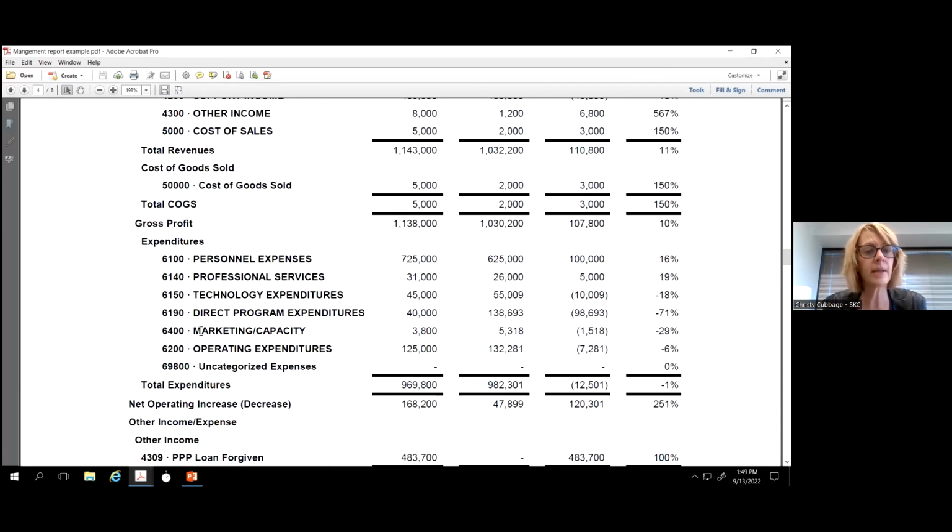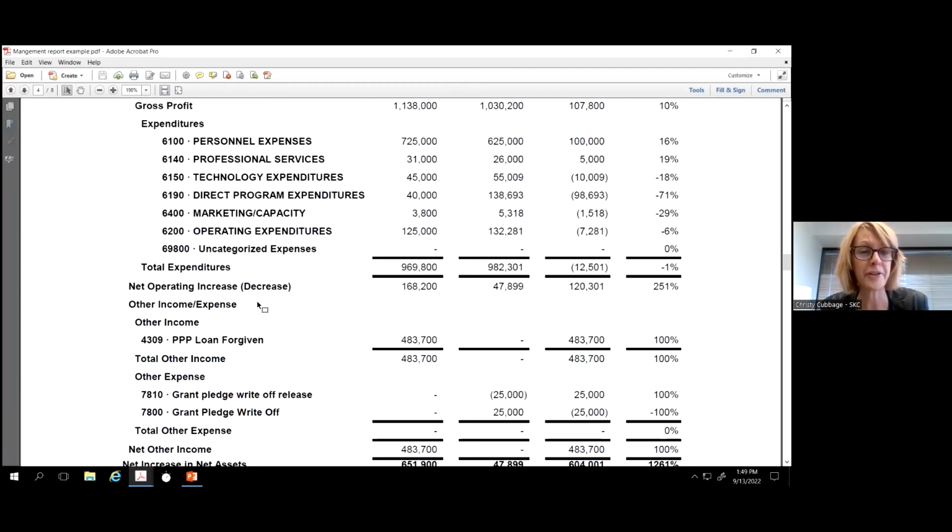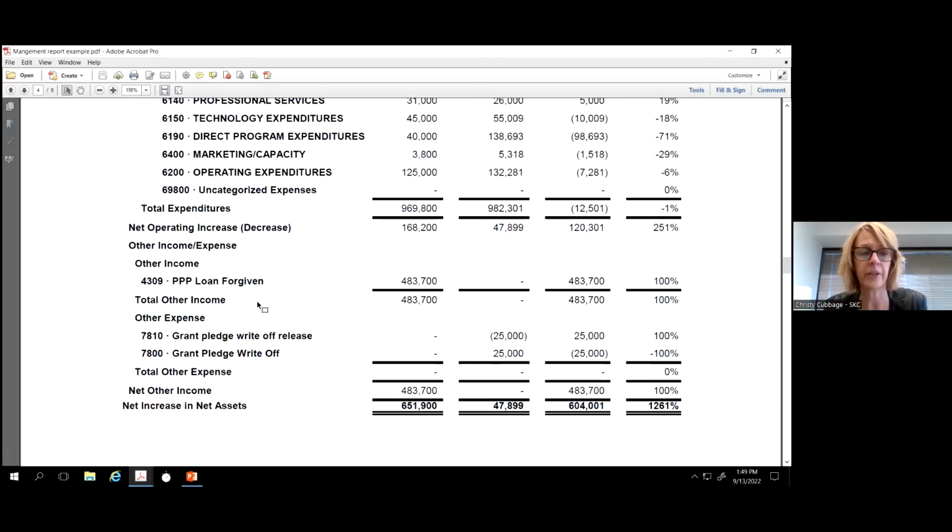And then we do the same thing with our personnel expenses, our professional expenses. These are the big bucket items that really drive our income and expense. So this is a really good one to start with if you can consolidate. And then some kind of outliers.